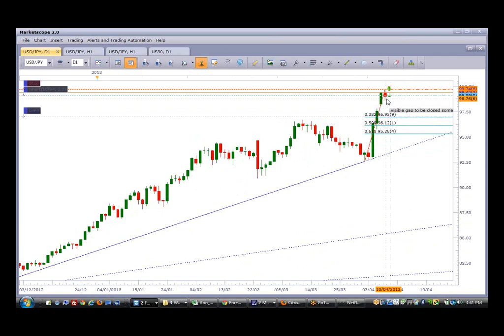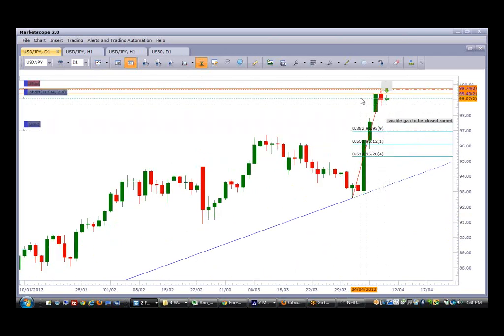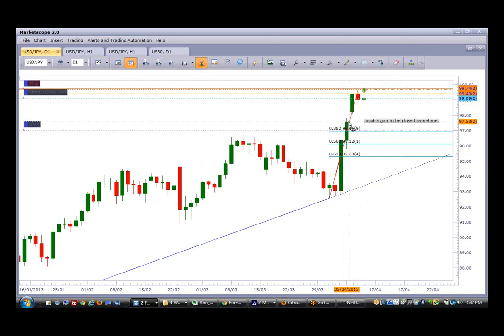Yesterday's candle was an indecision candle at the level of supply. Today, it's also showing signs of weakness. What we can see right here is that it's also a big gap, actually a visible gap at the close of this candle and at the open of this candle.